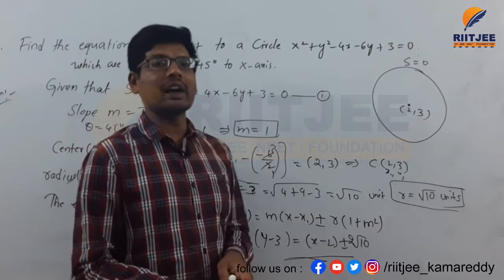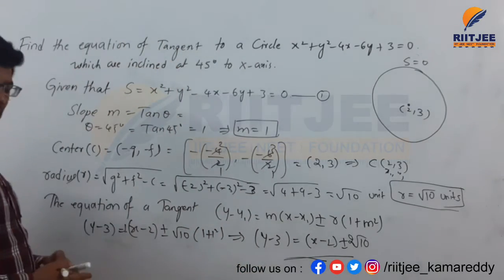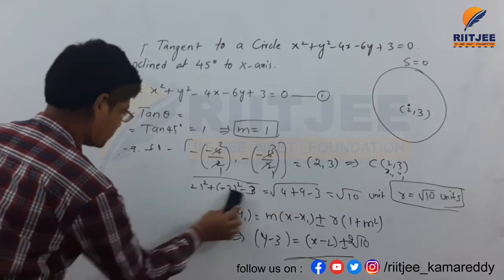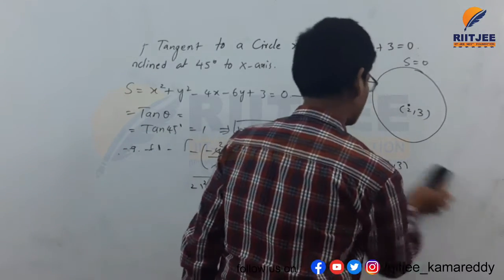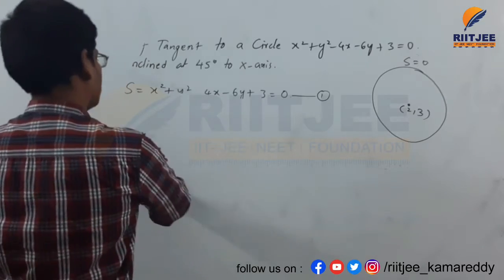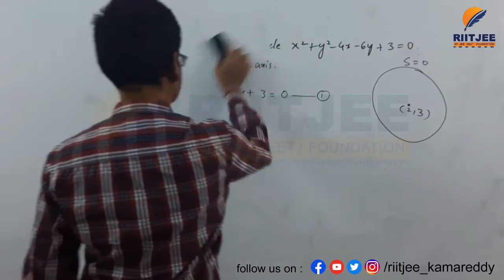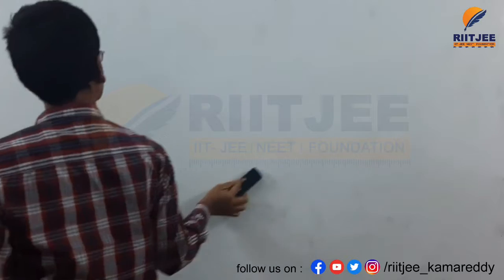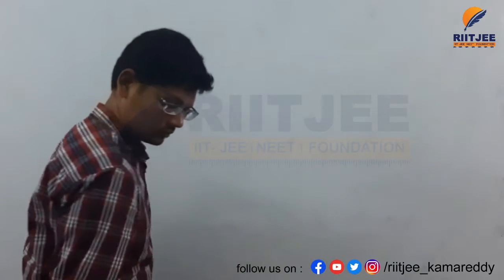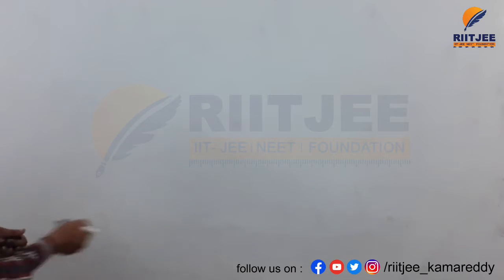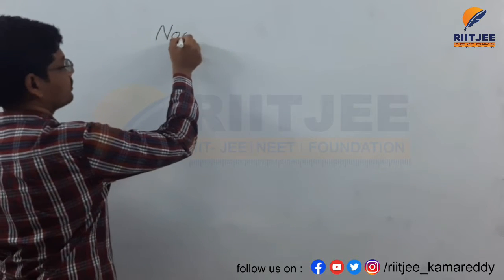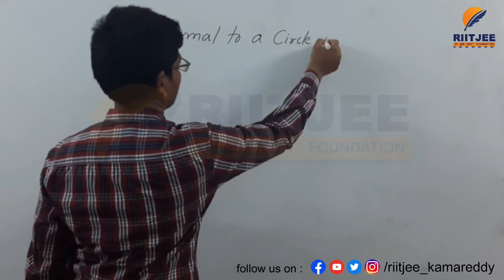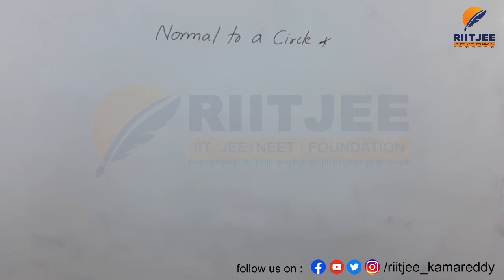And the next concept is normal to a circle.